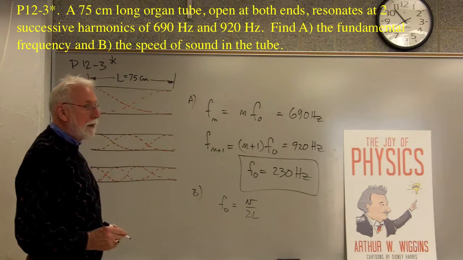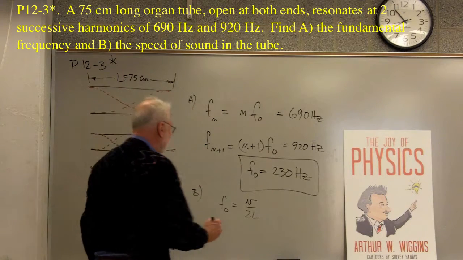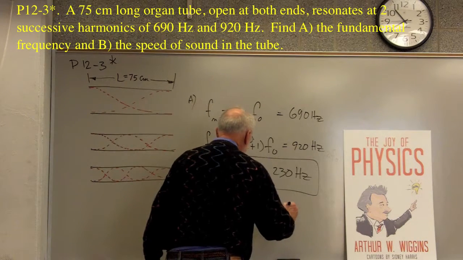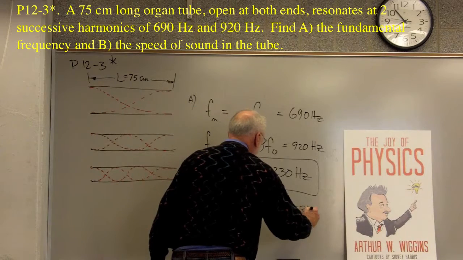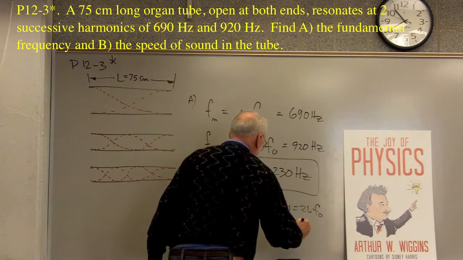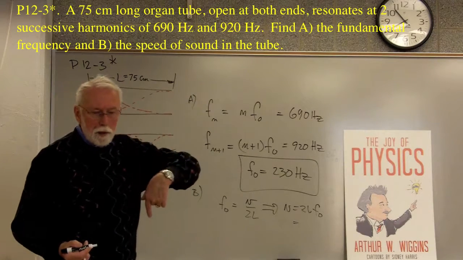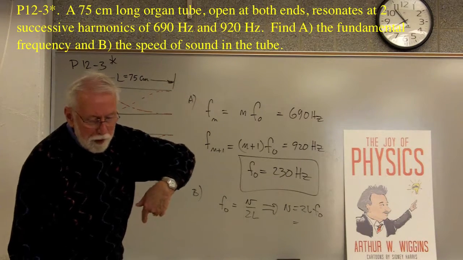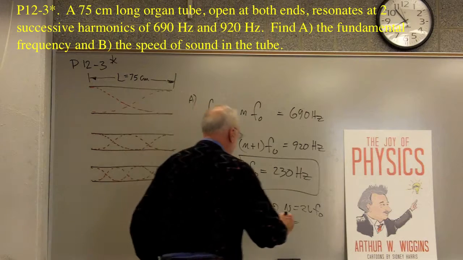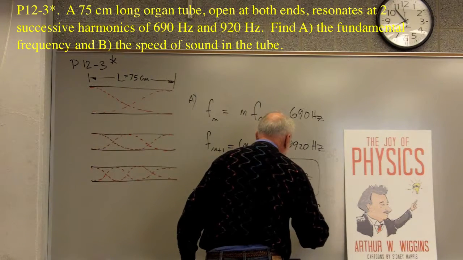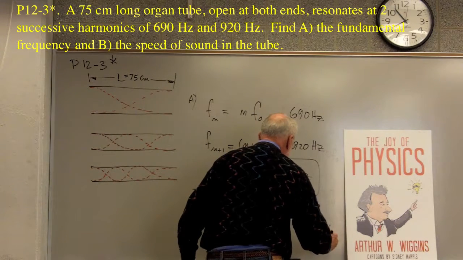So how do we find v? Again, simple math. v equals 2L times f0. And since we know what L is, 75 centimeters, when we put this all together, we get, as our speed of sound, 345 meters per second.